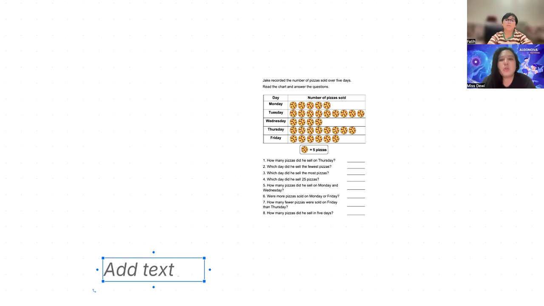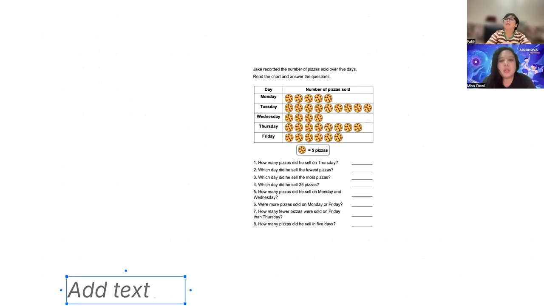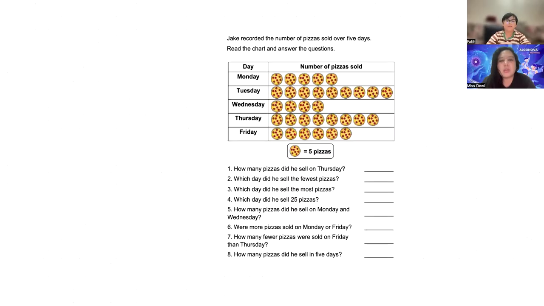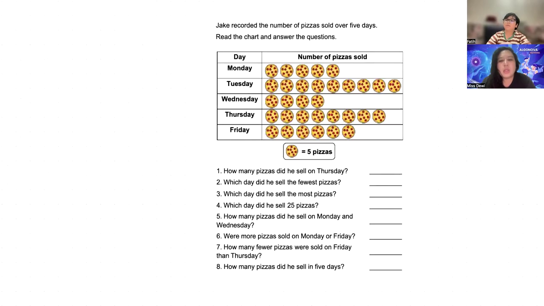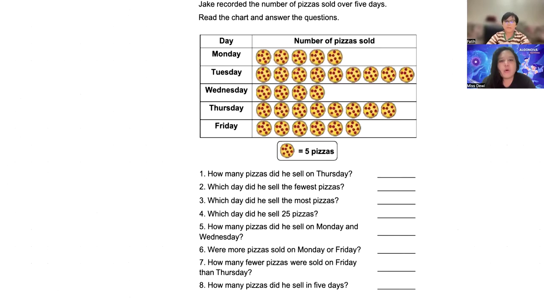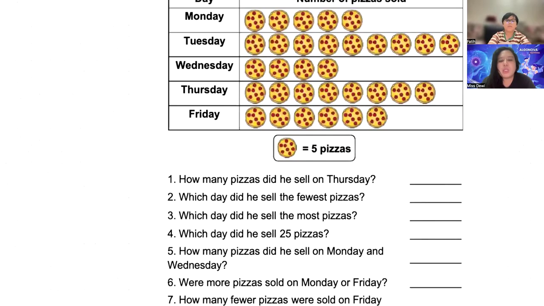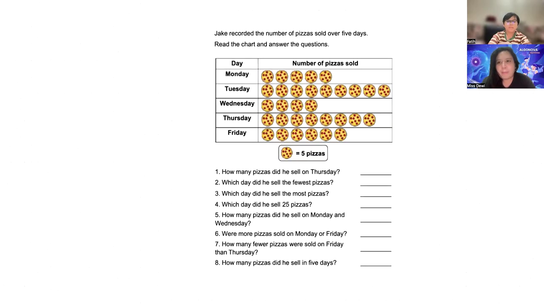Make sure you count the pizzas carefully and read this sign. Make sure you count it, follow the sign. One pizza stands for 5 pizzas. One picture of pizza, I mean.